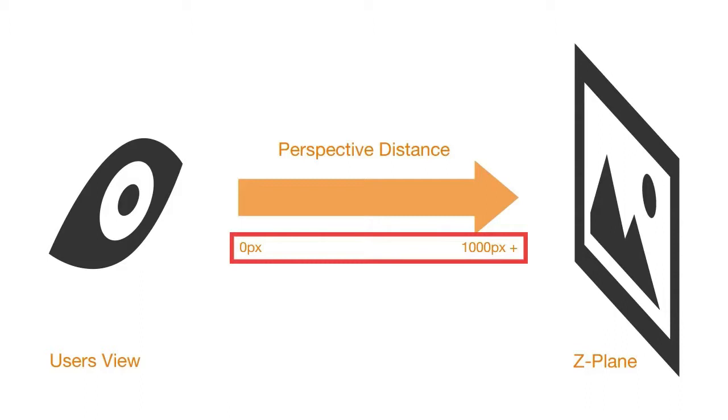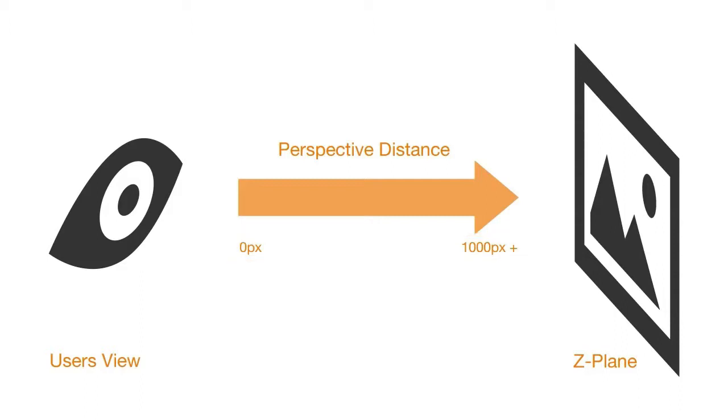And of course, when we push it back, the effect is more subtle, and in the case of bringing it closer, the effect becomes more apparent. Something very quick just to note: when defining the CSS perspective property for an element, it doesn't affect that element itself, it only affects the child elements.